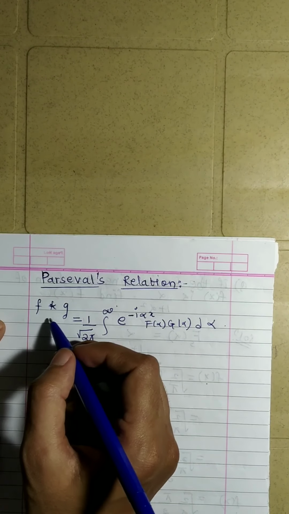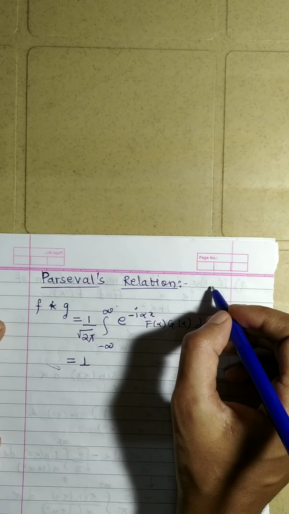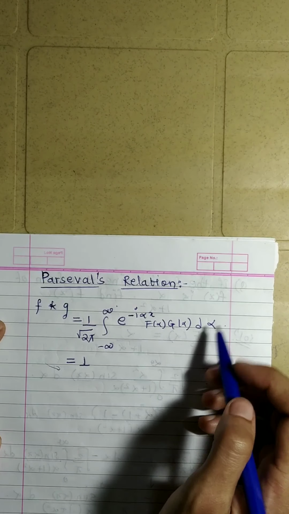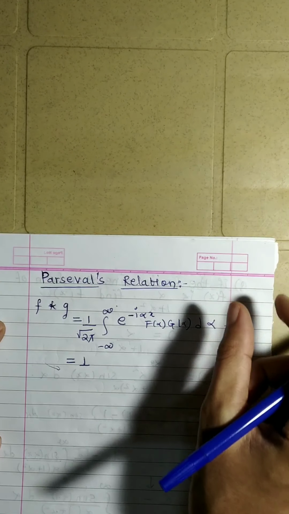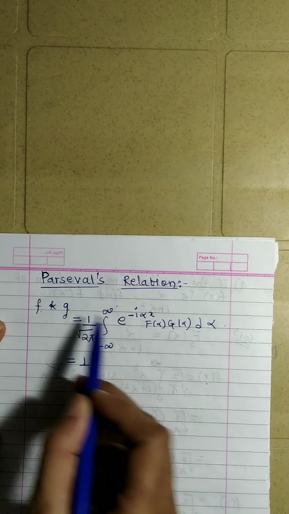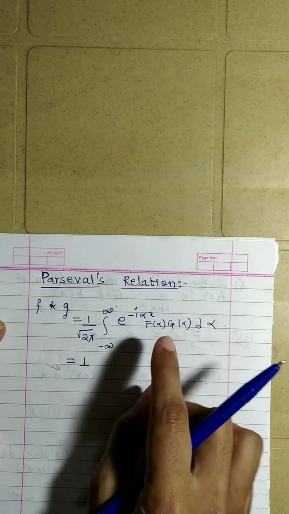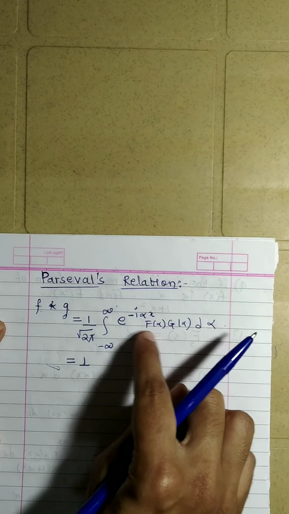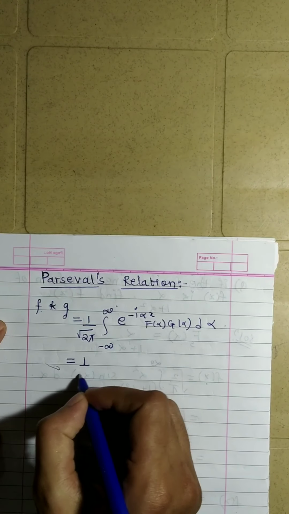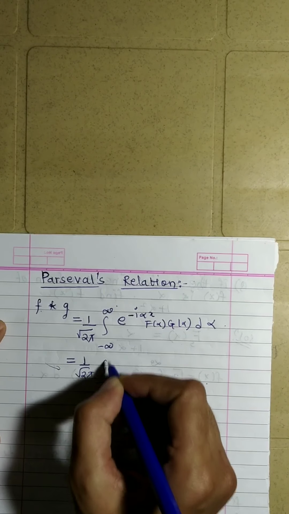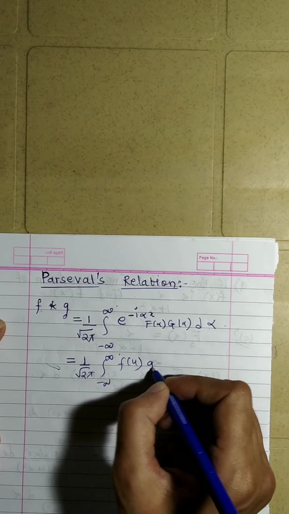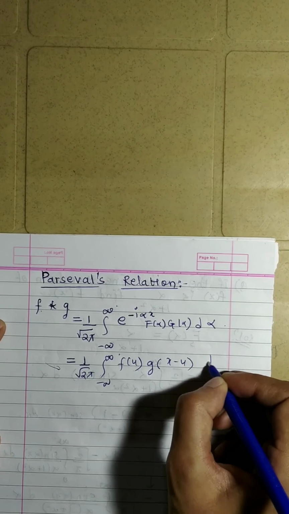We have already seen that the Fourier transform of this is equal to f alpha into g alpha, so the inverse Fourier transform of this product will be equal to f star g, and the inverse Fourier transform is given by this formula. We also know that by definition, f star g is equal to 1 upon root of 2 pi integral from minus infinity to infinity f of u g of x minus u du.